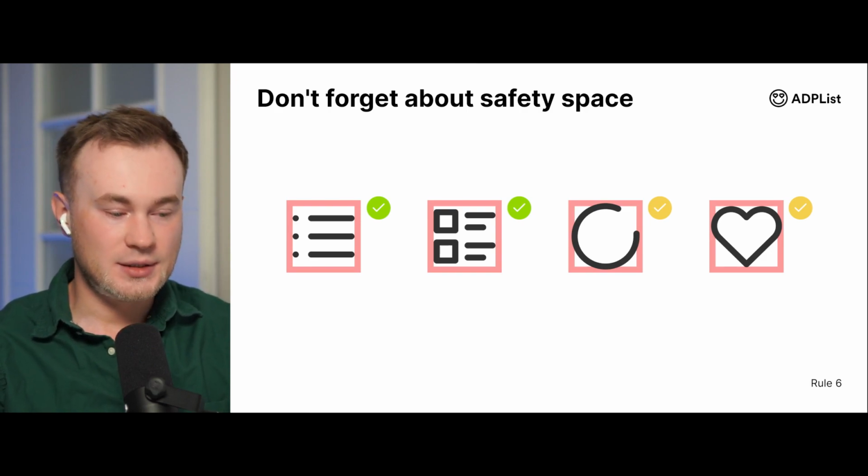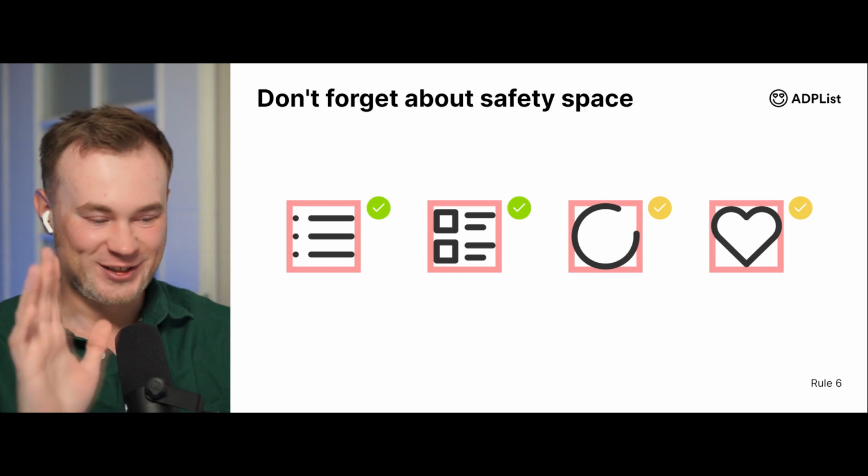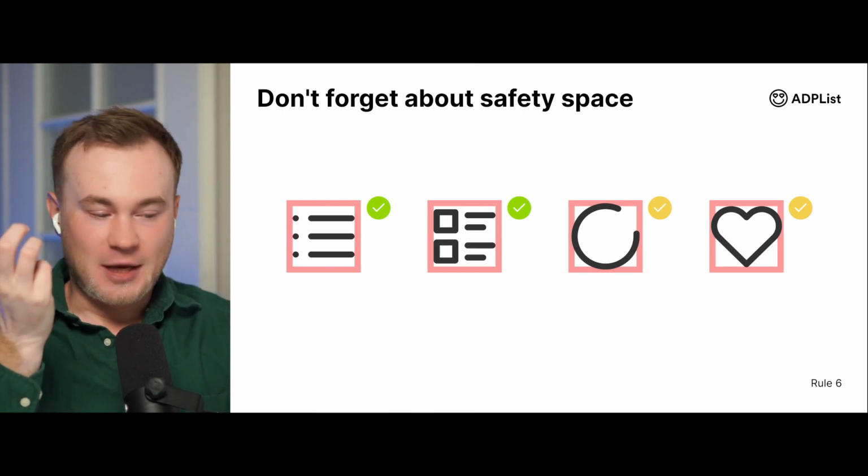But as you see, icon number 3 and icon number 4, I marked as orange, not green and not red, because sometimes it happens, sometimes not.